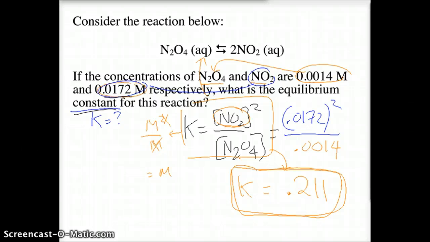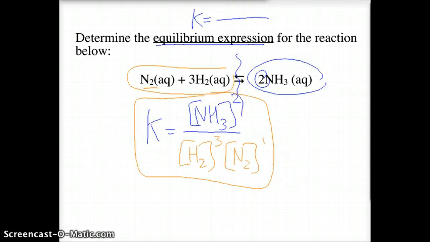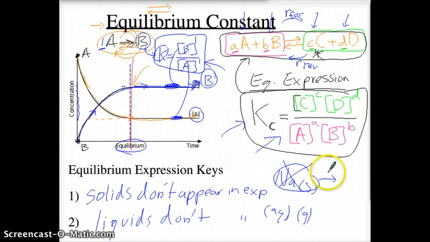You need to be able to write equilibrium expressions like this from an equation, as well as solve for K, given values, and write expressions for any equation that's given, knowing that solids and liquids don't appear in the expression.